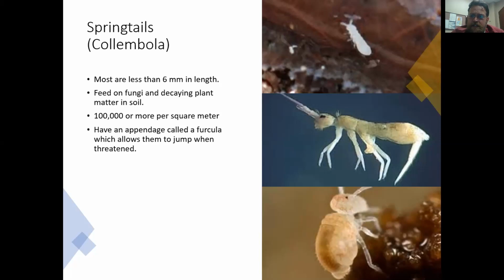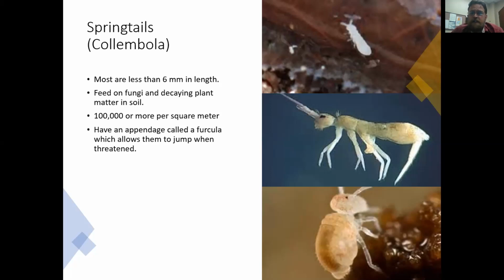And that attaches to the middle of its body and just is held under tension. And so when the insect might be threatened, or if it needs to move a little bit, it can release that tension. It'll actually jump, sort of jump across, and they can spring a remarkable distance for an insect that really on average is going to be less than half a centimeter in length.